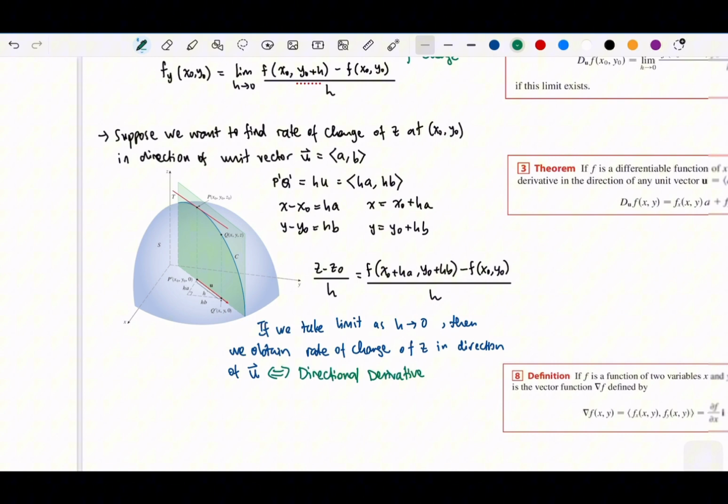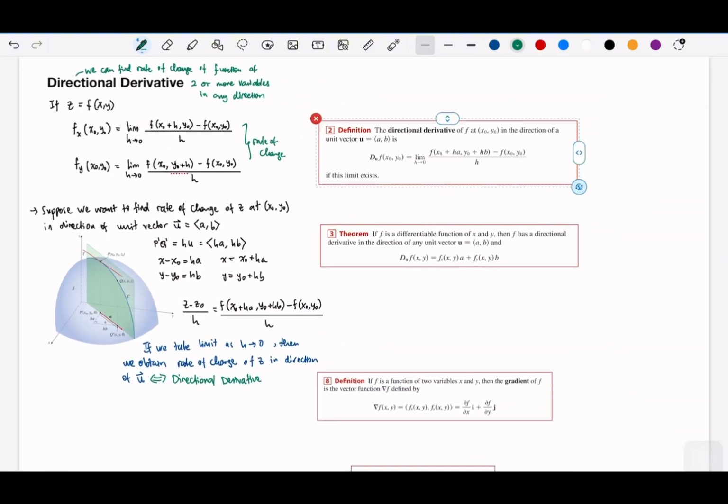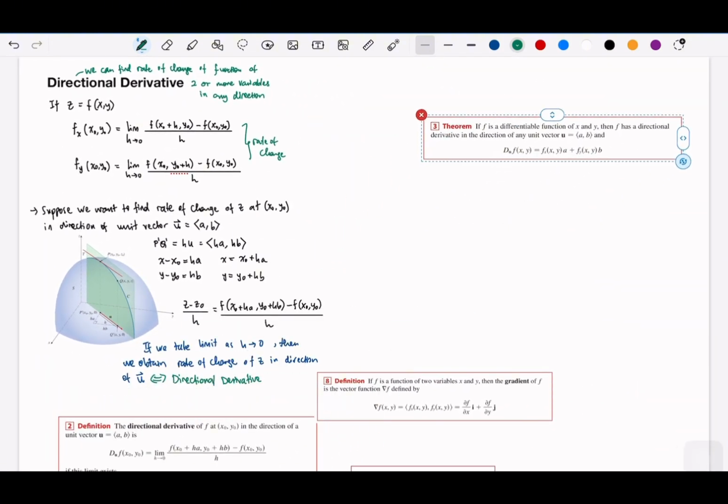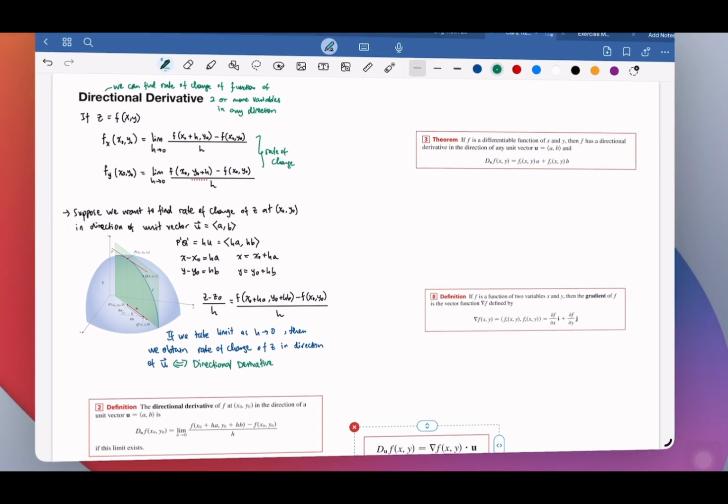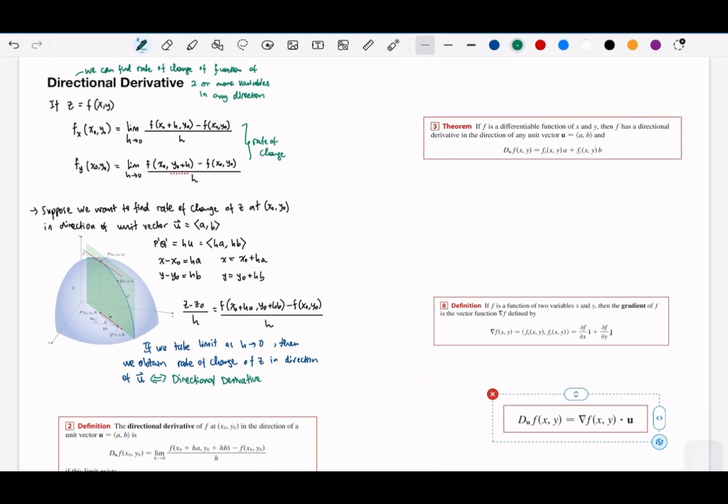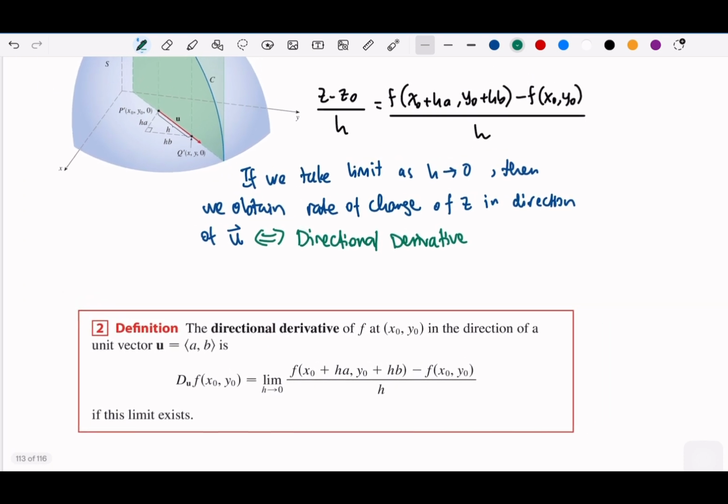Or we can just write, let me put this here, and everything here will be there. So this will be the directional derivative.